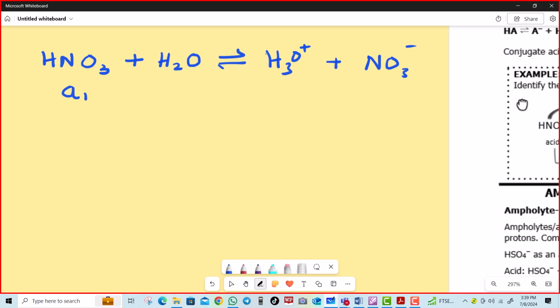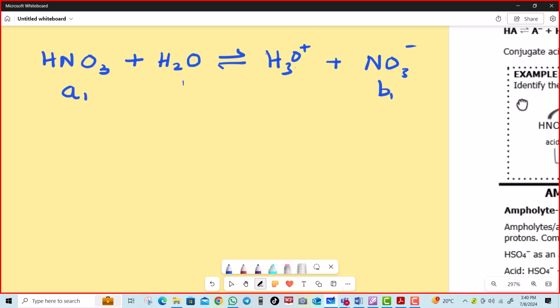After donating the proton, it becomes the conjugate base B1. So an acid, after giving away the proton, becomes a conjugate base.